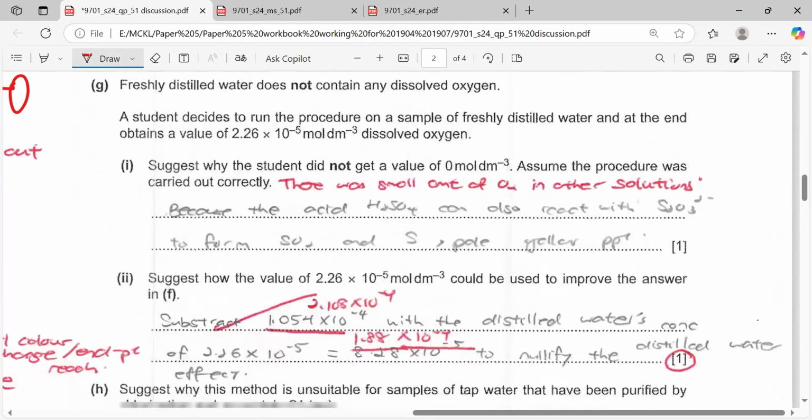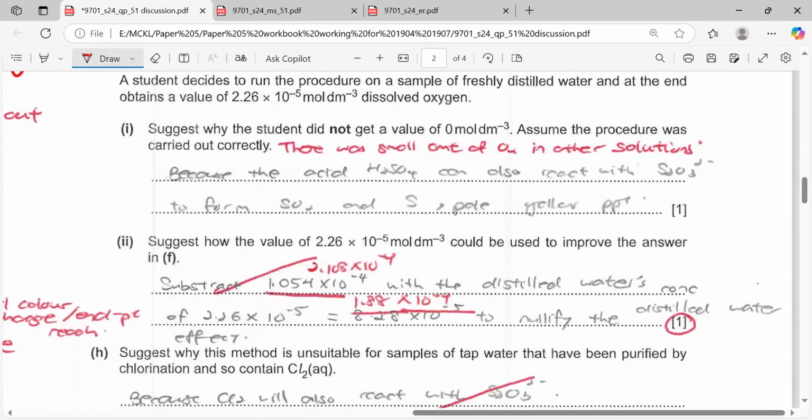Now, suggest how the value 2.26 could be used to improve the answer in F. The oxygen 2.26 is found from the three solutions that I circled, which are the sulfuric acid, the aqueous alkaline potassium iodide, or perhaps the manganese sulfate. So how can we improve our answer?